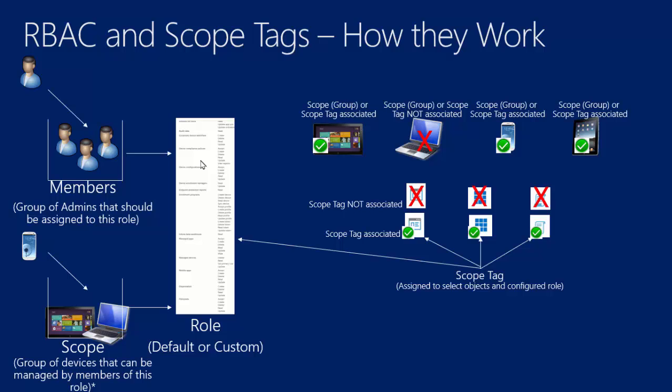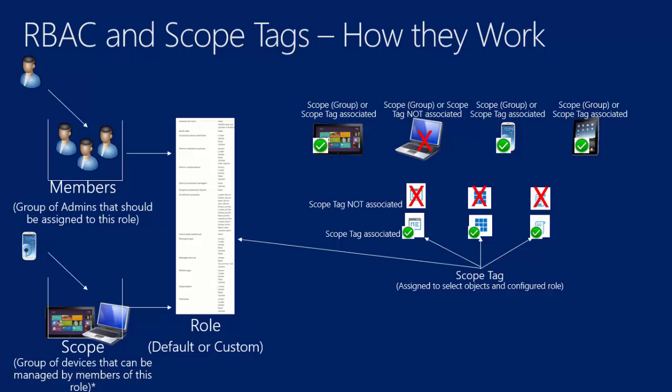Then this role is going to define a unique set of permissions that a given user can take advantage of. So once you define this role, you then have to say which users are allowed to participate in this permission level. So that's where you would have role members, right? So this is a group of users that would then be aligned to this role. You can add more users to the group, take users away, whatever you want to do, but then they will have the permissions associated with this particular role.